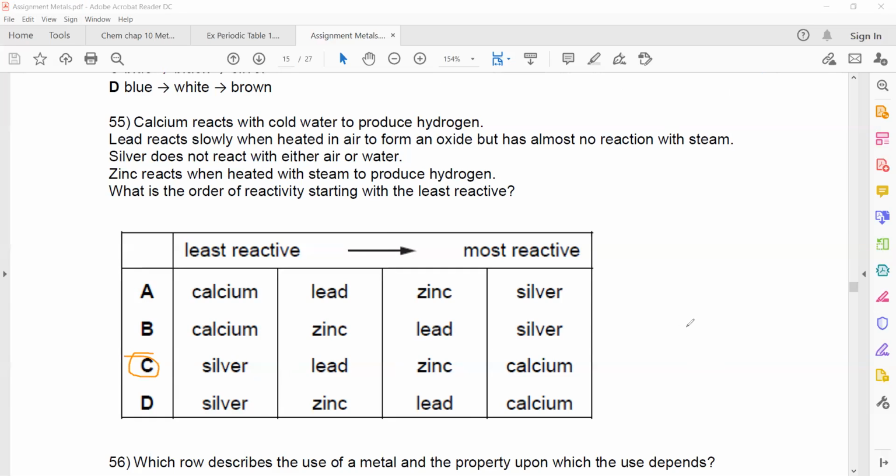Even without looking at this information, if you remember the reactivity series, you can answer this question.